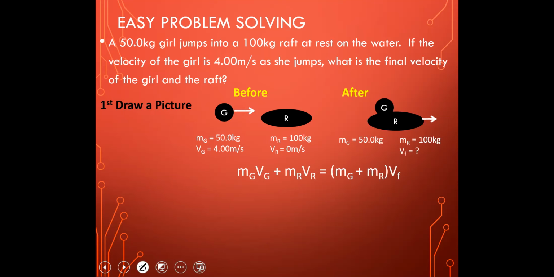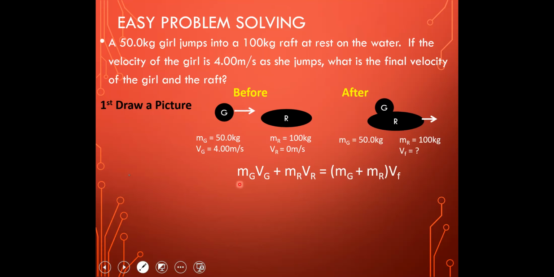The raft is at rest, and the girl is jumping. For the first object, the girl, the momentum is m times v, the mass of the girl times the velocity of the girl. This is the momentum of the girl plus the momentum of the raft.